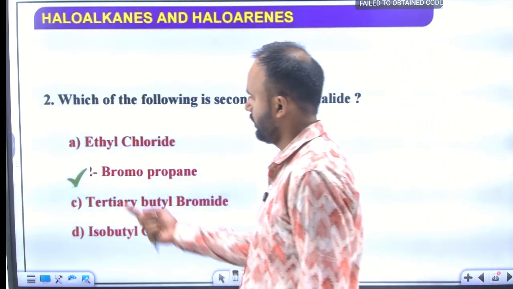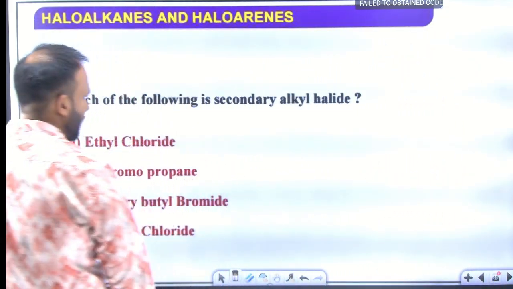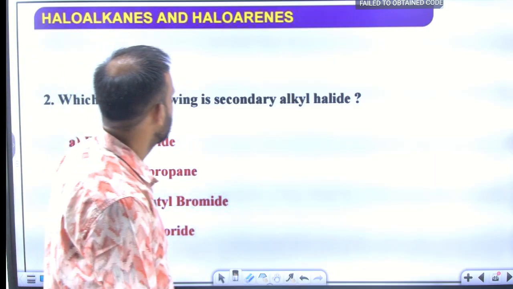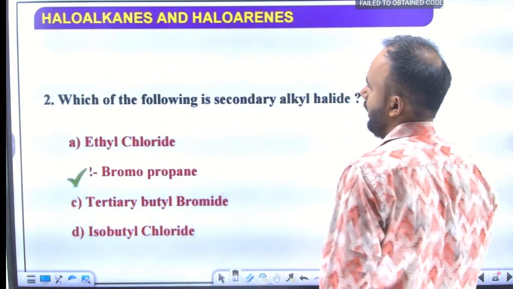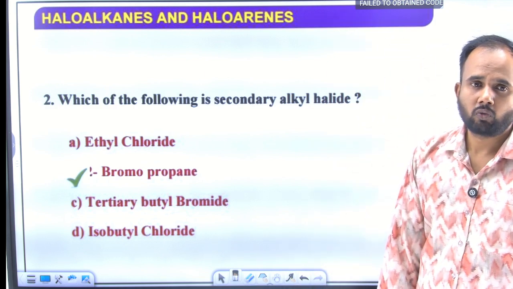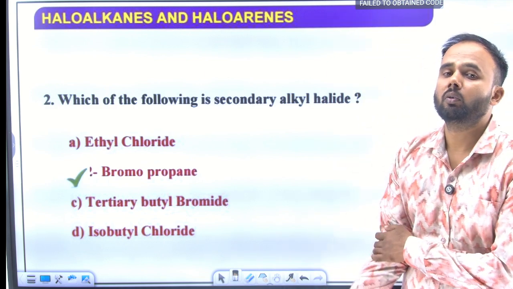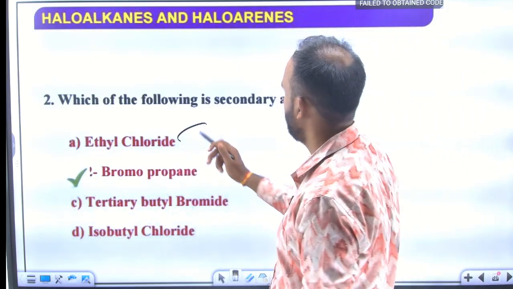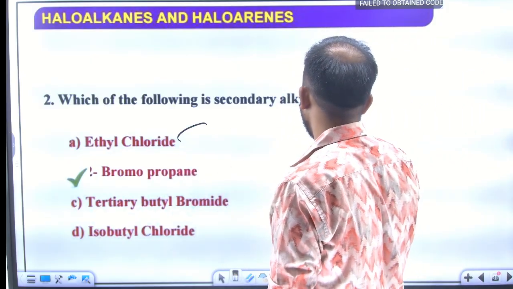Come on, the next question. Good for you, the answer is already mentioned. Which of the following is a secondary alkyl halide? We have to find out which one is the secondary alkyl halide. So what do we have to do? First we have to draw the structure. Ethyl chloride: ethyl means how many carbons? 2.